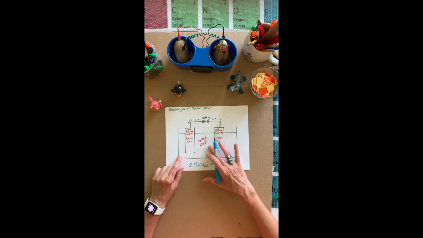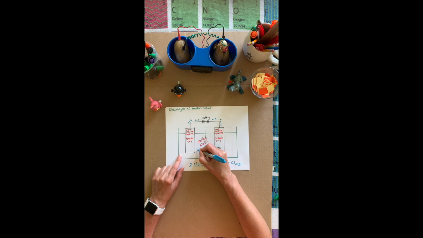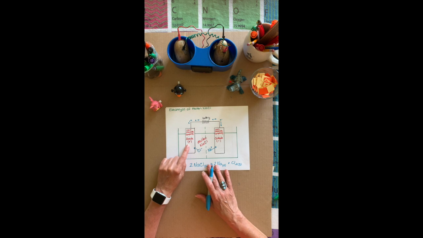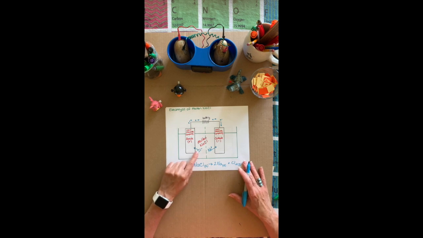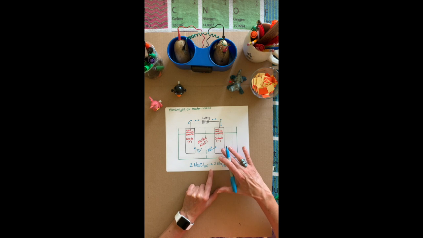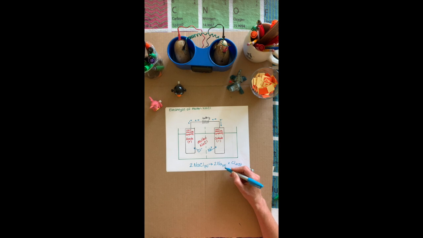So this molten NaCl has sodium ions that are attracted to the negative cathode end and chloride ions that are attracted to the positive anode end.